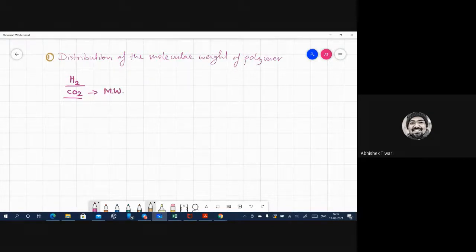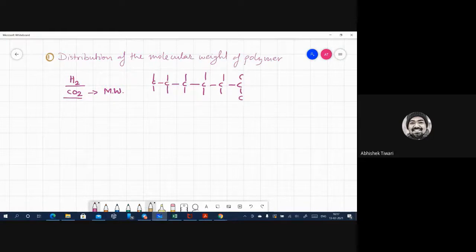But in polymers, it is not a stoichiometry of two atoms or n number of atoms which are going to be fixed together. It depends upon the degree of polymerization. So let's say if you have ethylene, then you can have 100 molecules attached to one molecule, or you can have any number of molecules attached to it.